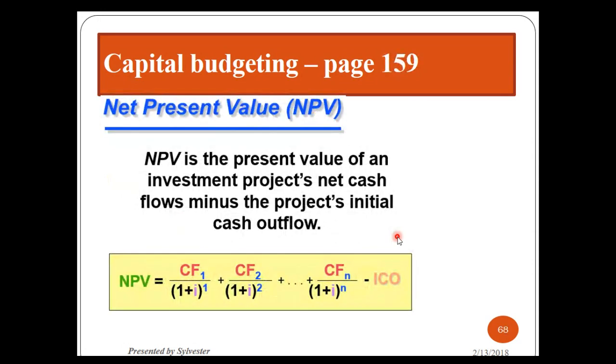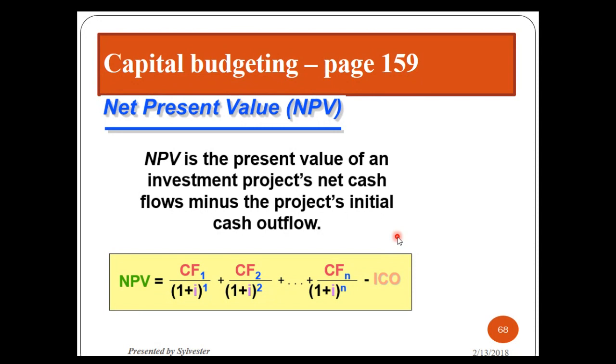So the next technique is called the net present value. What do we mean by net present value? With net present value, we have to make sure that we discount the future cash flows to present values, and thereafter we take the initial investment and we minus the present values.